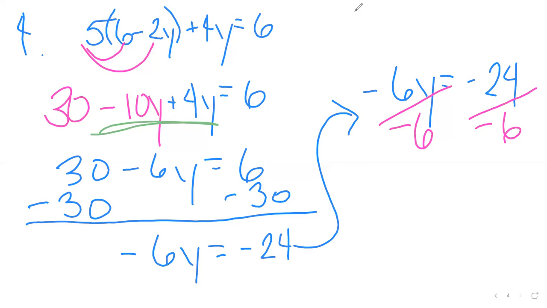It divides on the left, and negative 24 divided by negative 6 is going to leave us with 4, positive 4.